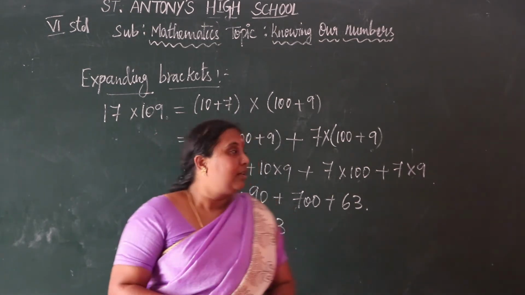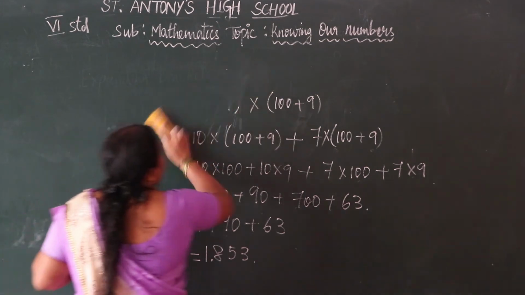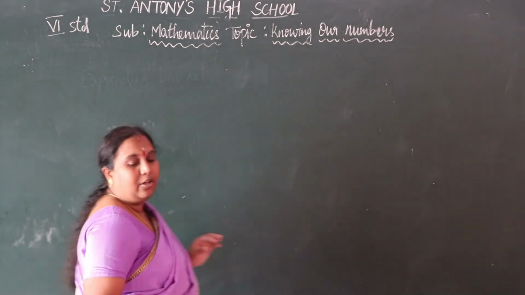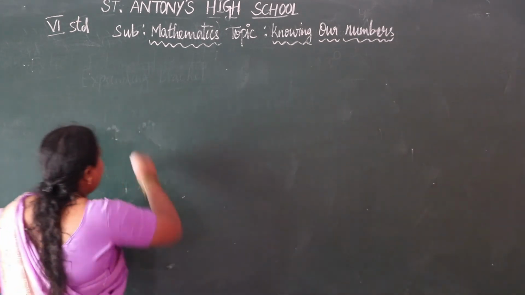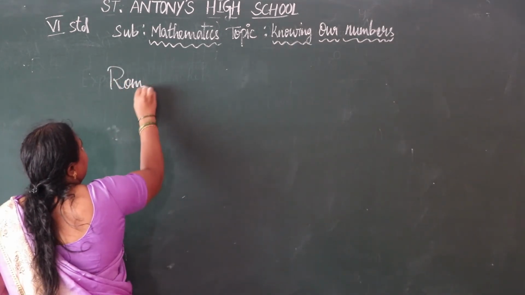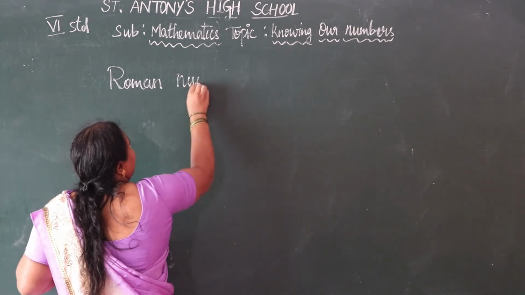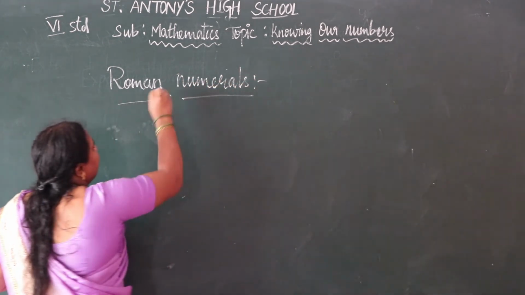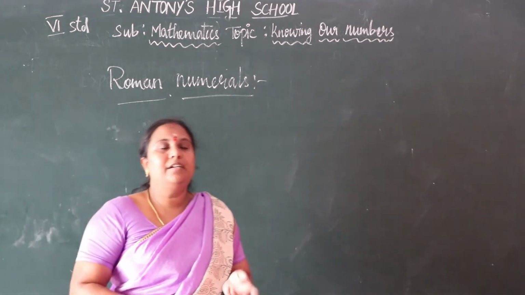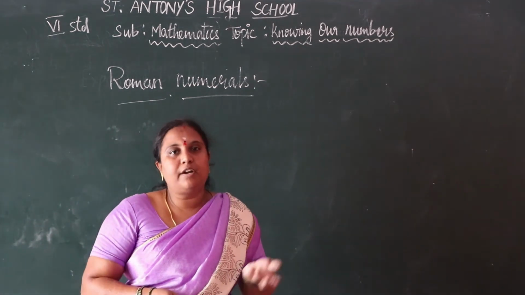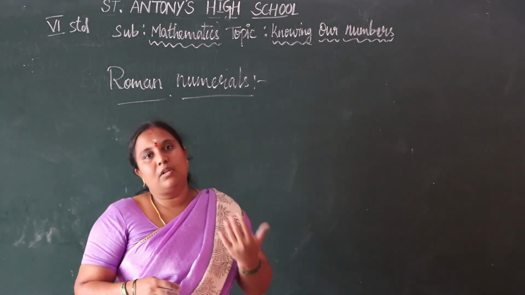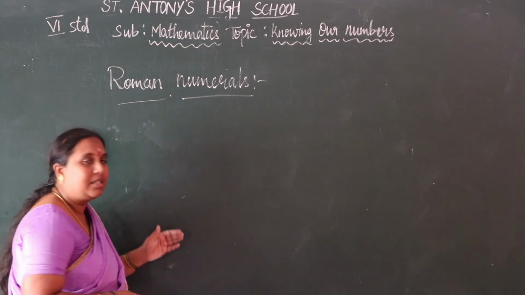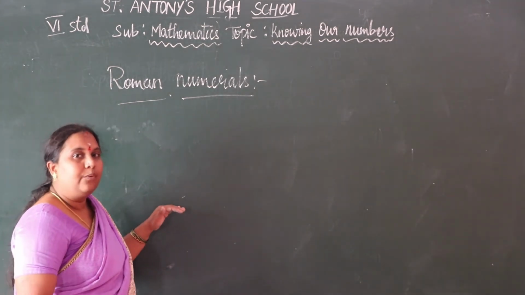See Roman numerals. So this comes from ancient Rome. So we originated from that only, but nowadays we are using 1, 2, 3, etc. Okay, the numbers we are using, the math numbers we are using.